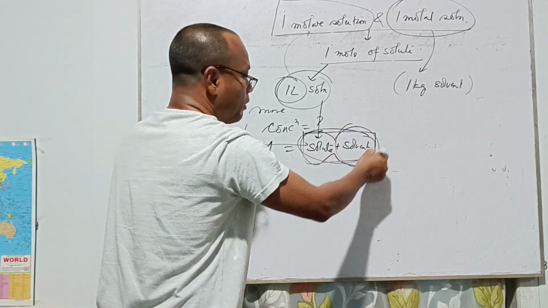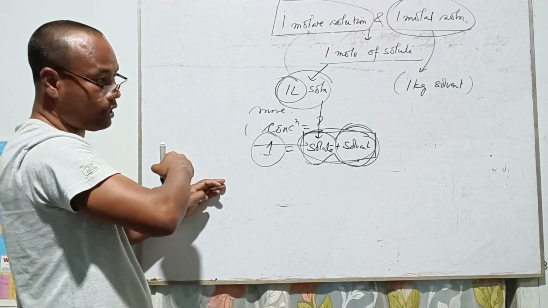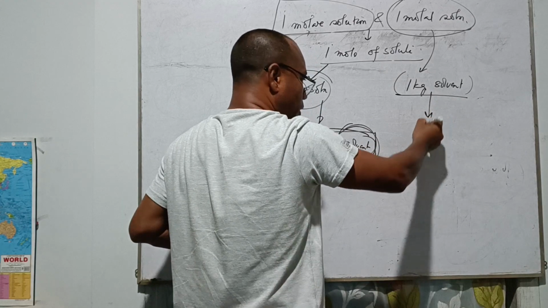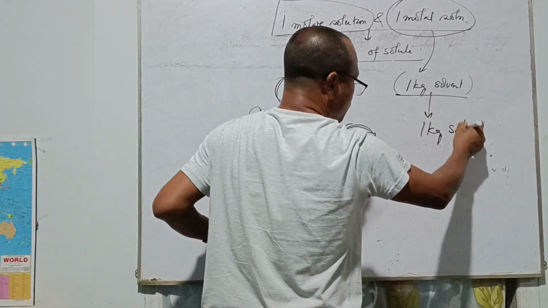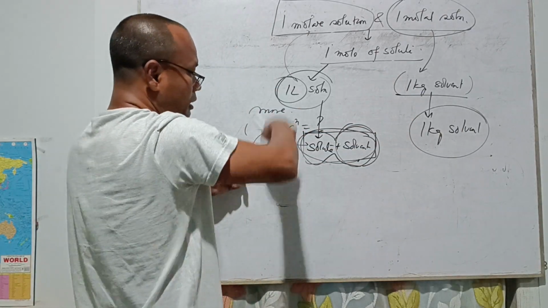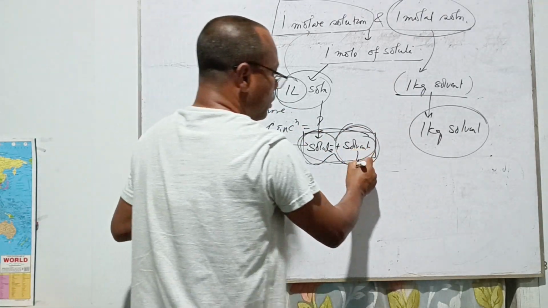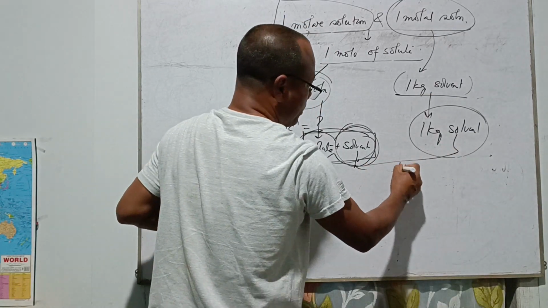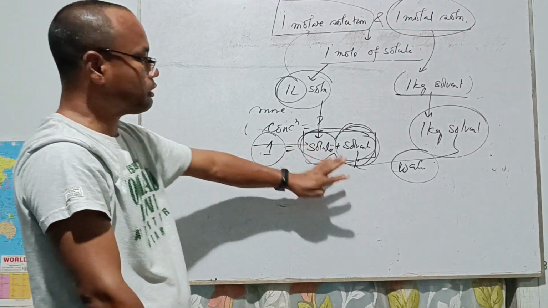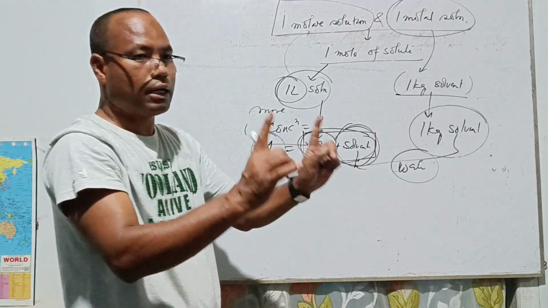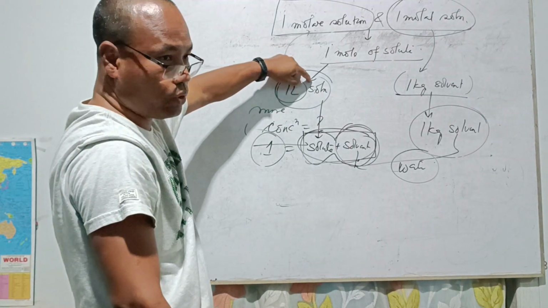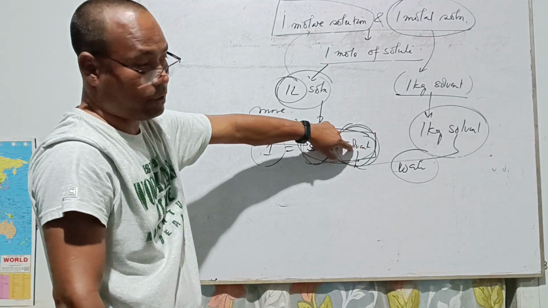That means the amount of the solvent is less than 1 liter. But in the case of the 1 molal solution, it is pure 1 kg of solvent. Here is 1 kg of solvent, there is less than 1 liter of solvent. Suppose this solvent is also water, this solvent is also water. So 1 liter of water and 1 kg of water are the same amount. But in the solution, 1 liter of the solution is not 1 liter of the solvent.